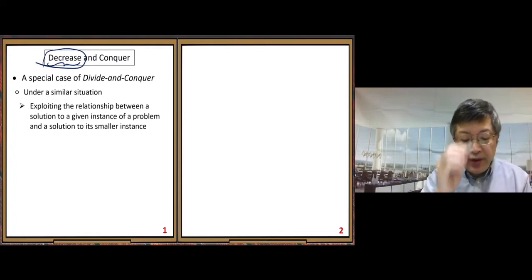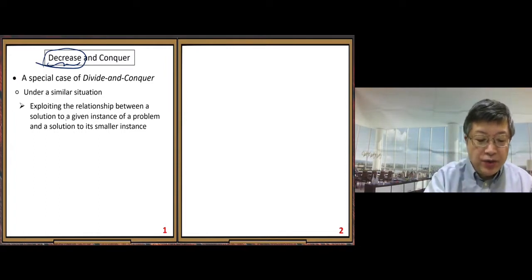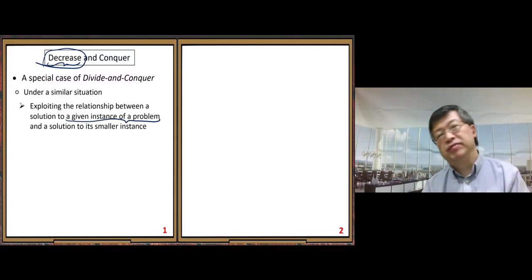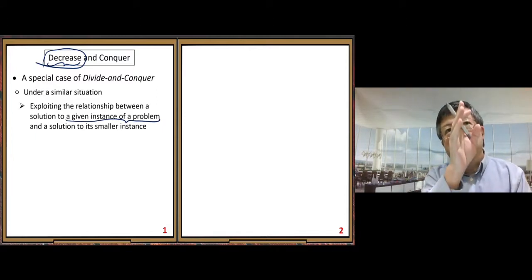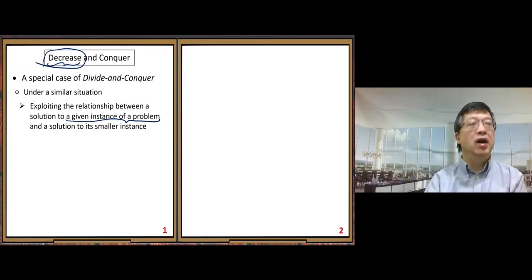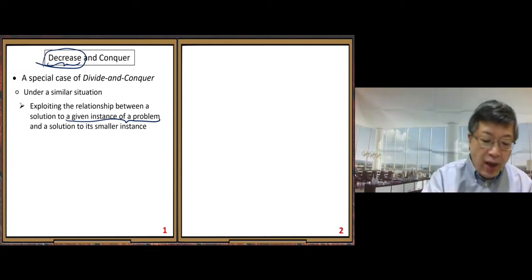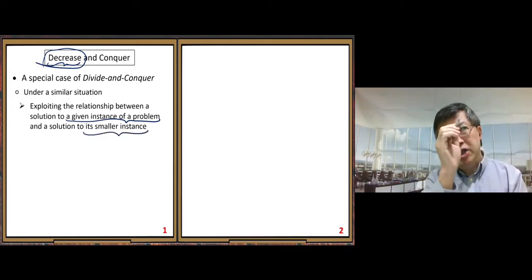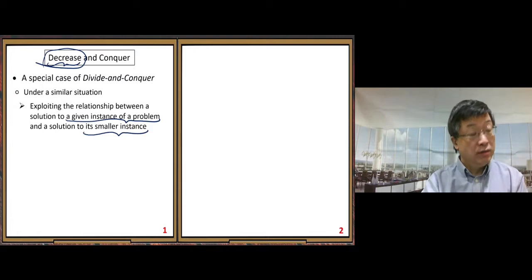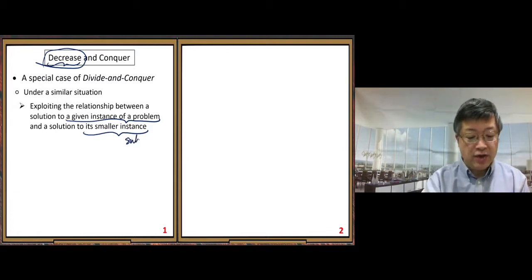Usually we understand it this way: the solution to a given instance is the solution of the current problem. Given instance, that's our current problem. Then the solution to a smaller instance, we call it a subproblem, smaller than the current one.